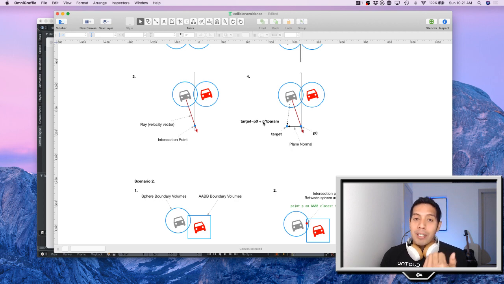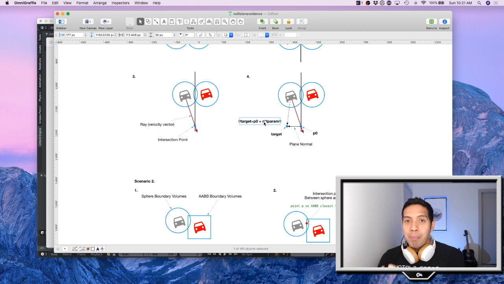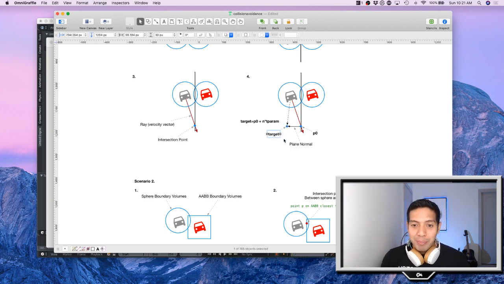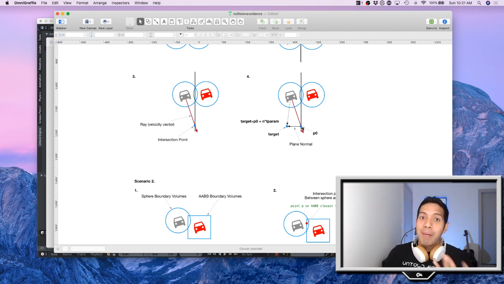Then you have a direction, so you have P naught, and a direction, which is your plane normal. Your direction times a parameter gives you a predicted position, which is my new target. So I tell my character, hey, do not steer towards the previous position you had in mind.